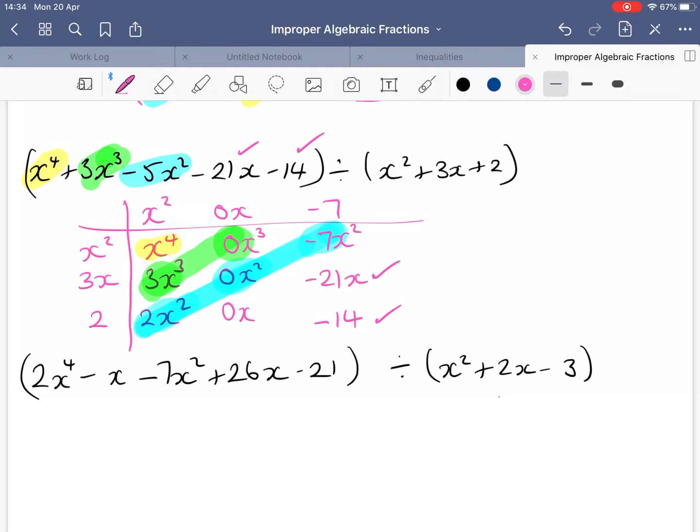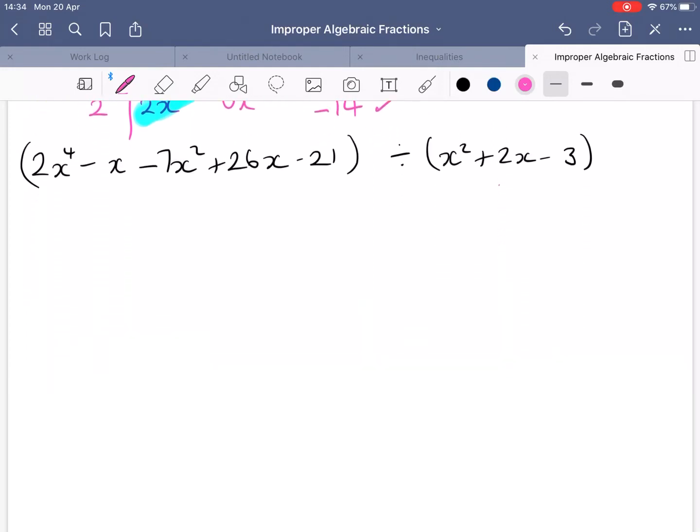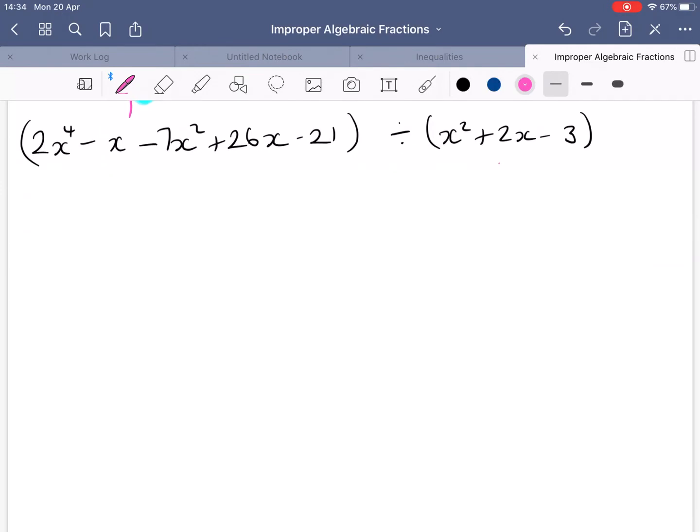But with an improper algebraic fraction, we're going to have a remainder. So this is the bit that's brand new now. But we follow the same process to begin with. Okay, so again, I'm going to do my reverse grid method. Something times x squared plus 2x minus 3 is going to make 2x to the power 4 minus 3x cubed minus 7x squared and so on.